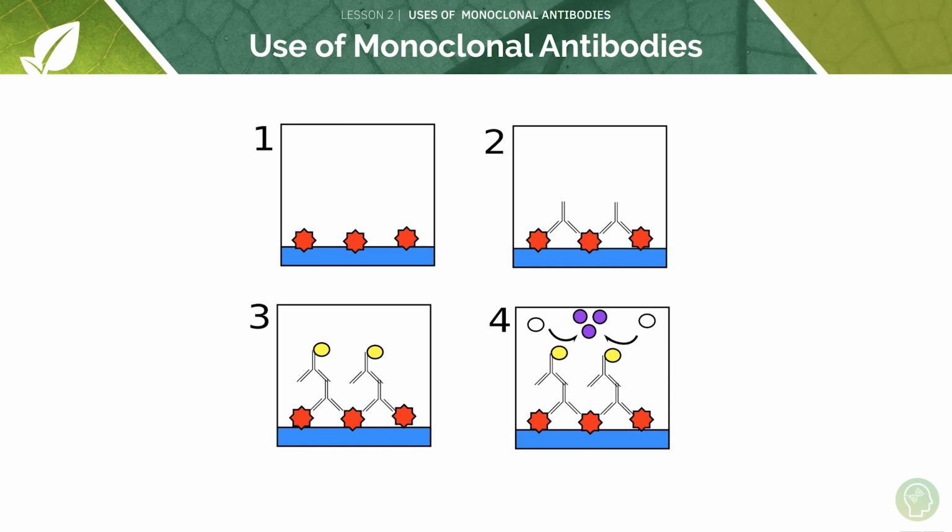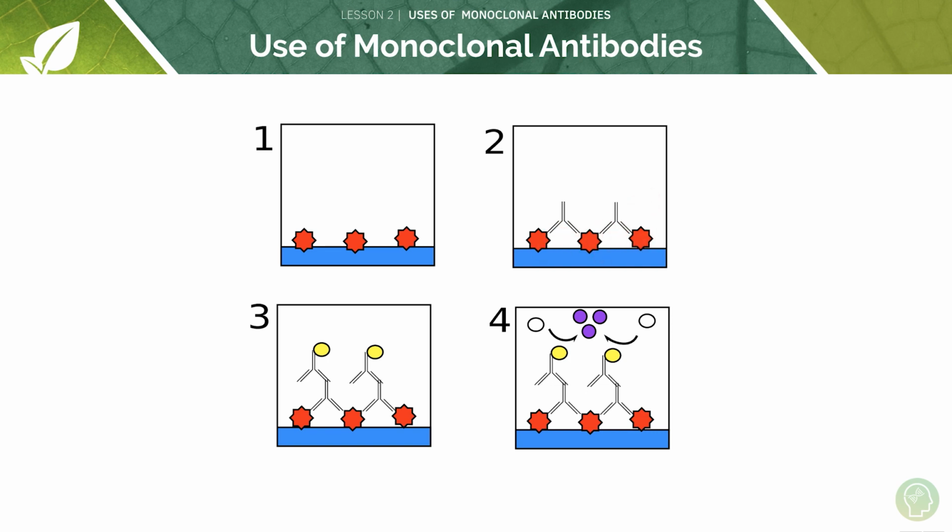So we have an antigen that's immobilised on this plate here. Then we're going to incubate our test serum with that, and any antibodies that are specific to our antigen are going to bind our antigen.